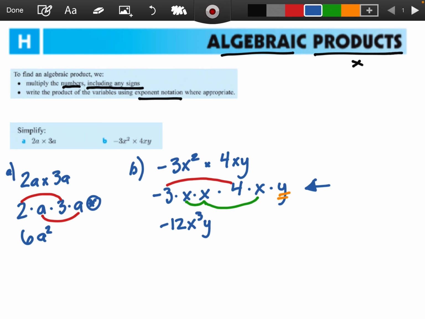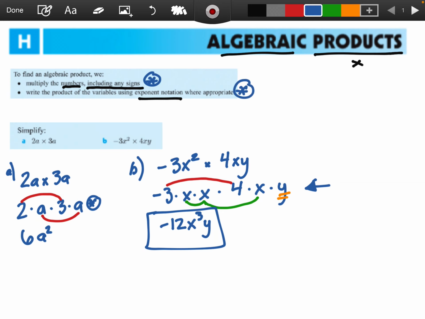Wherever you fall is totally fine, provided you can get to the final answers. So again, multiply the numbers by the numbers, and then the letters by the letters to get your final algebraic product, the answer to the multiplication of some algebraic terms.